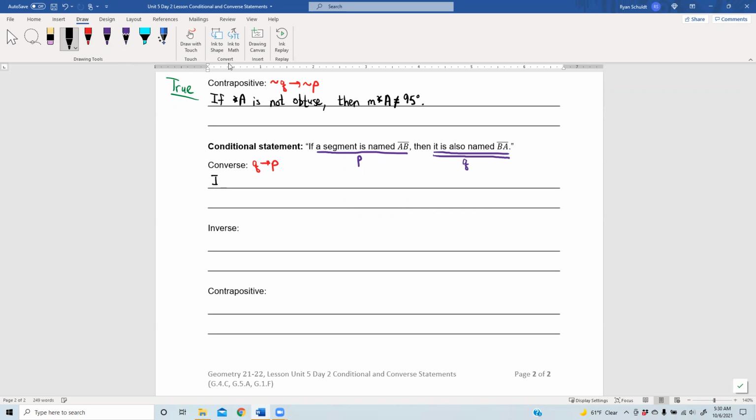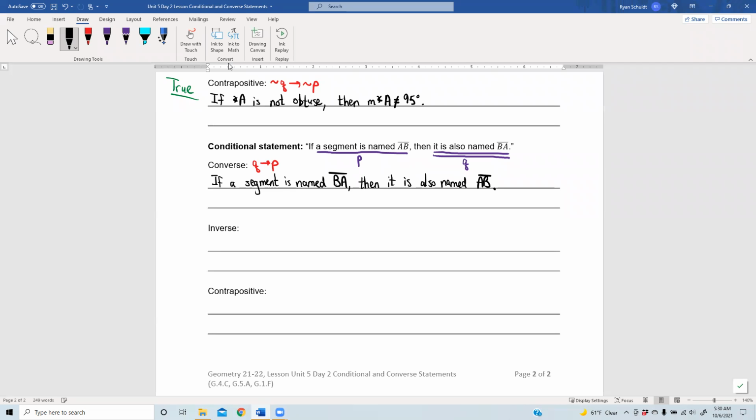So if a segment is named BA, then it is also named AB. Now, that's the grammatically correct converse.